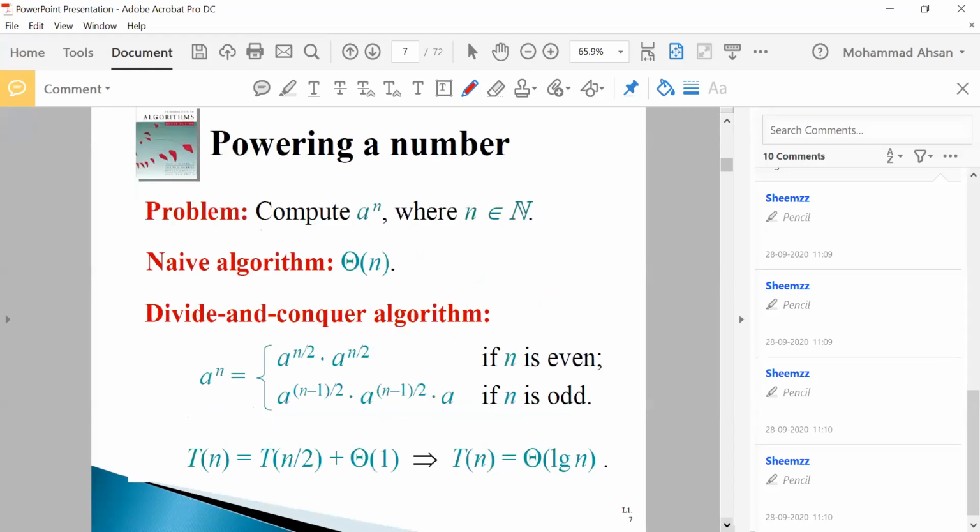Okay. Then a similar problem comes where you have to power a number. When you study how addition, multiplication, and division are performed by the computer hardware, you will see that you have gates which do basic operations, and based on that you build a junction of gates to do a particular operation, for example addition.